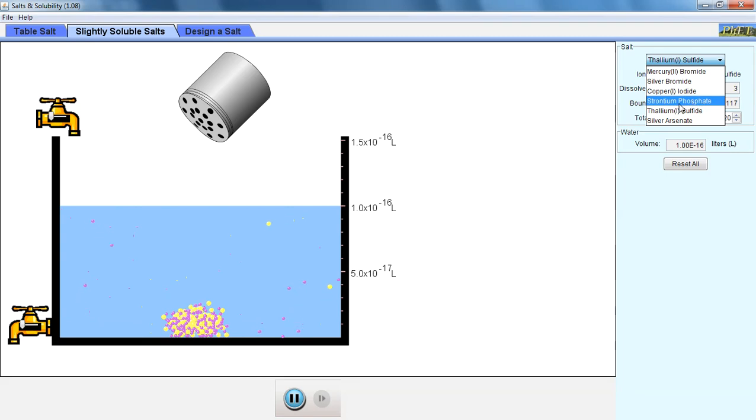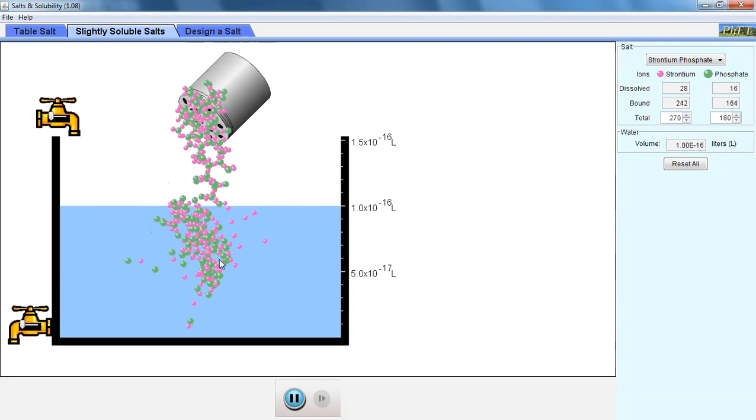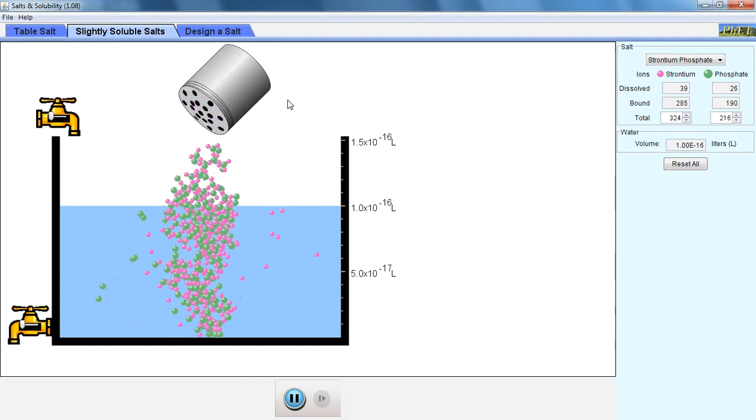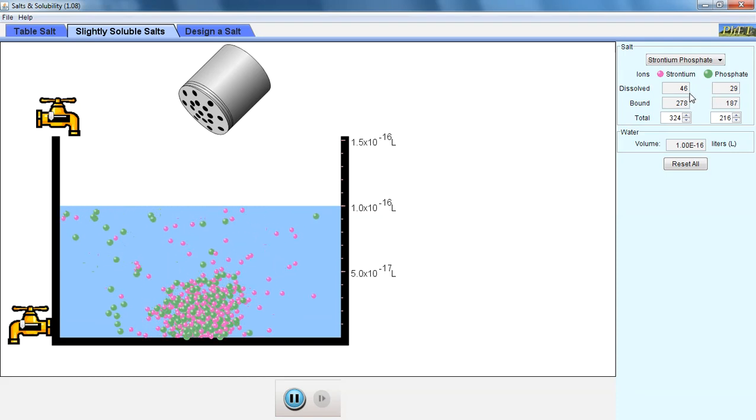Explore what happens now with strontium phosphate. If I add the strontium phosphate, I'm trying to add a lot because the more you add, the better the ratios. Notice I have around about 45:30 being dissolved. So that's around about 3:2.